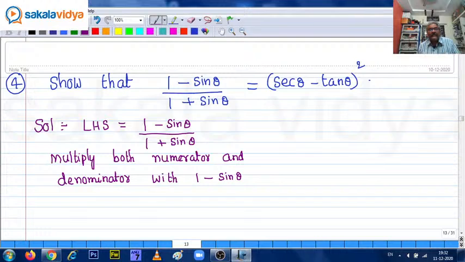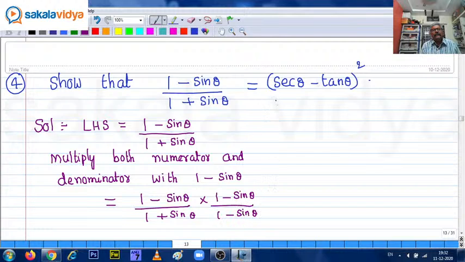So what will be the next step? You might have expected 1 minus sin theta upon 1 plus sin theta, so it is being multiplied with 1 minus sin theta upon 1 minus sin theta.